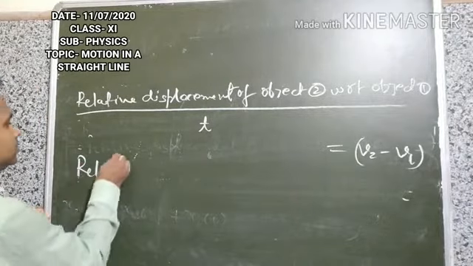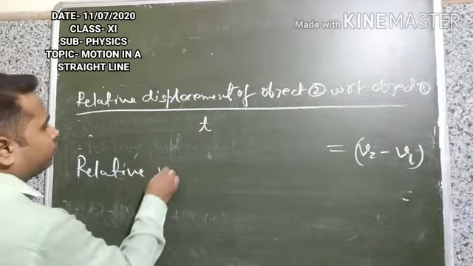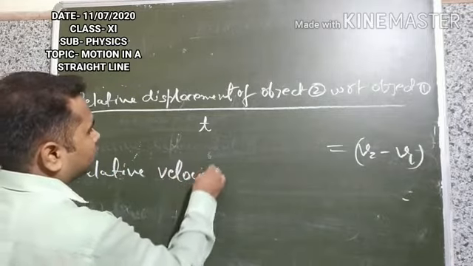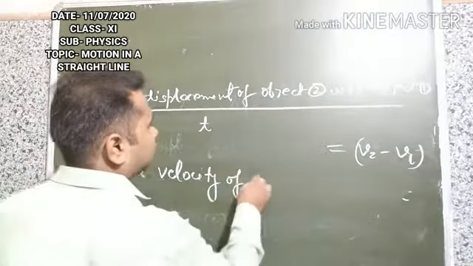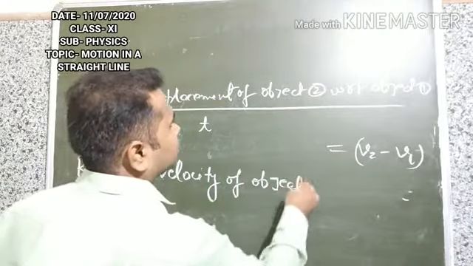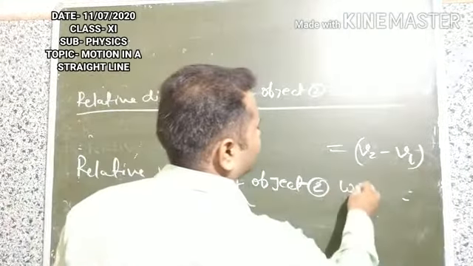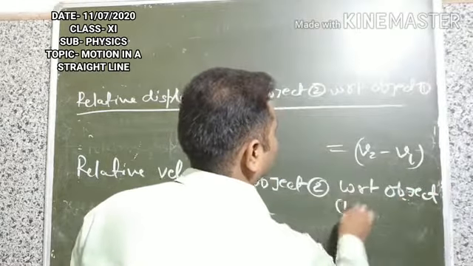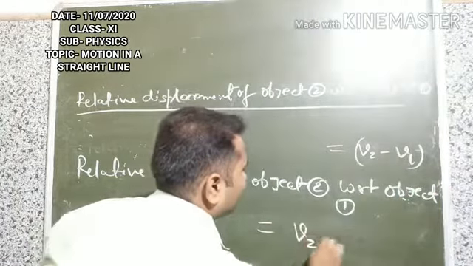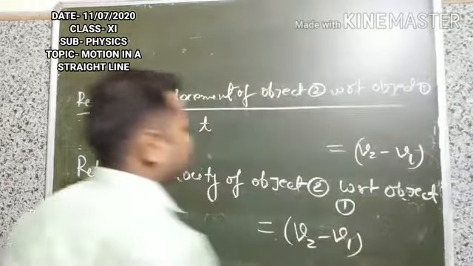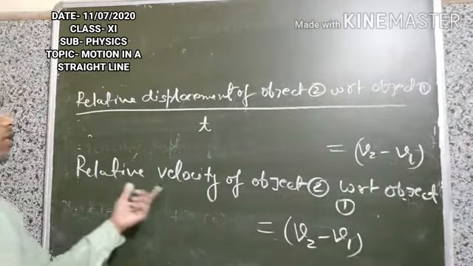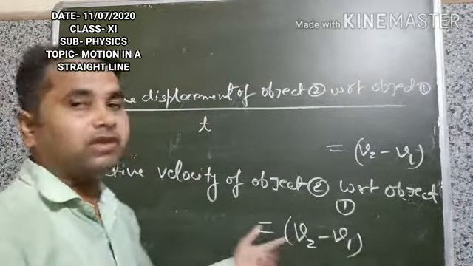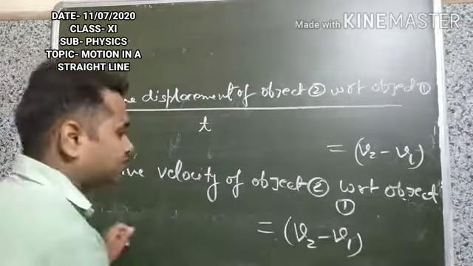So this is relative velocity of object 2 with respect to object 1. It is equal to v2 minus v1, and this relative velocity of object 2 with respect to object 1 is represented by v21.